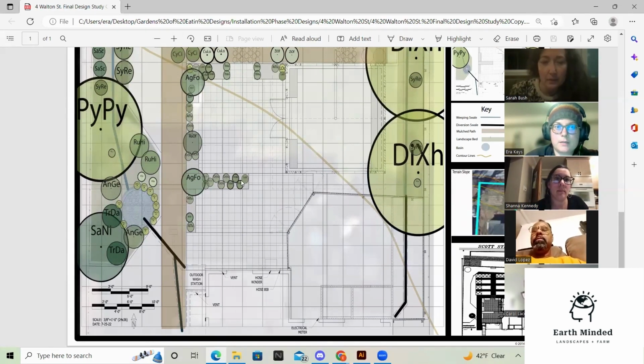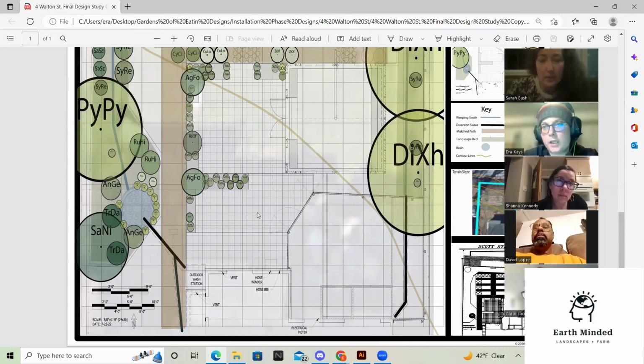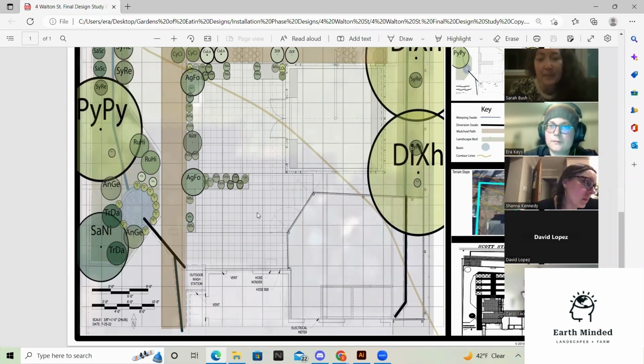These are raised bed boxes. Are those cedar boxes as well? Yes. What are they using for the patio? Just a typical patio that you could buy from Lowe's. It's just subcontracted out. And is the basin the same as a rain garden?